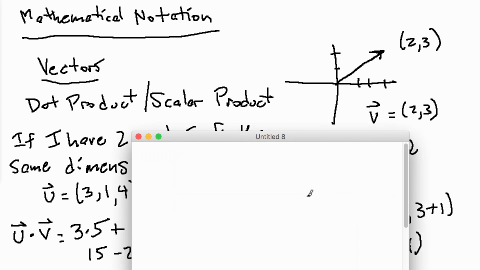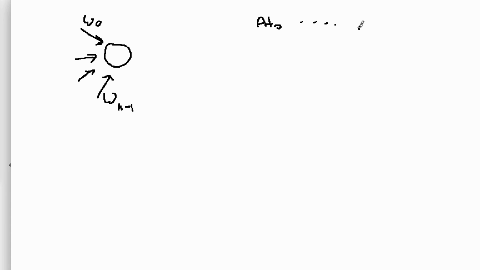When we're talking about a neural network, and we have some network over here that looks like this, and we're going all the way from W0 up to some W sub n minus 1. And over here we might have some attribute 0 all the way up to some attribute n minus 1.